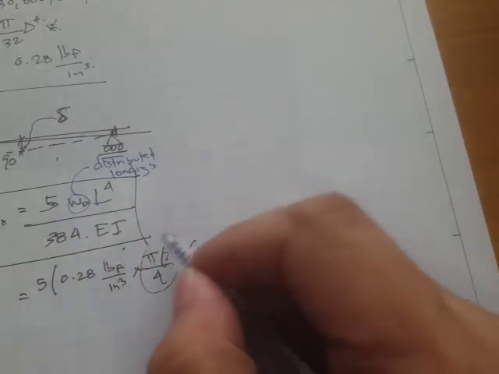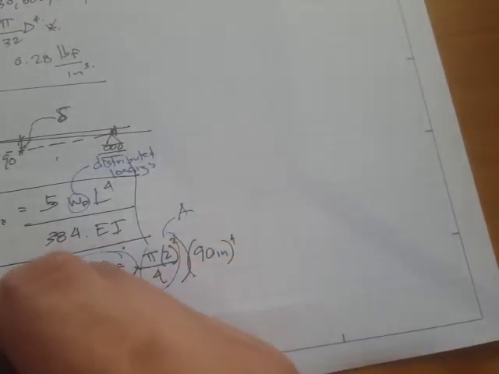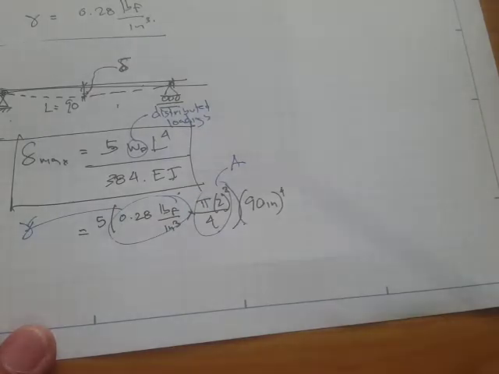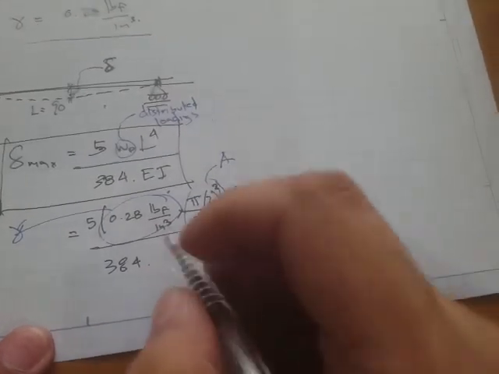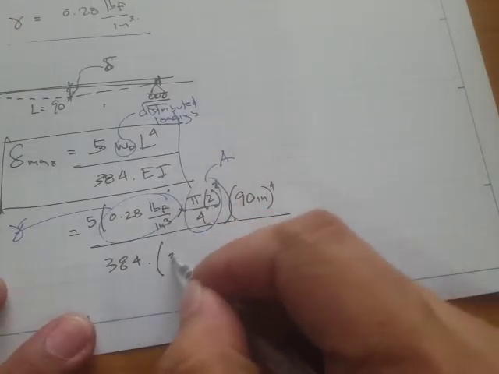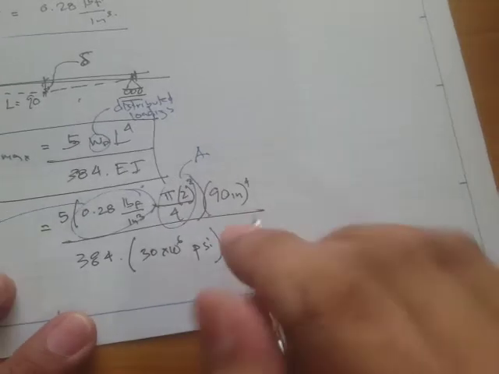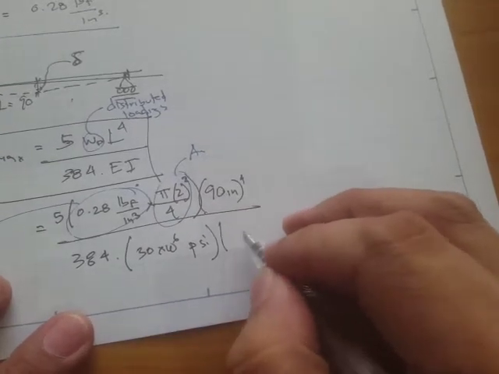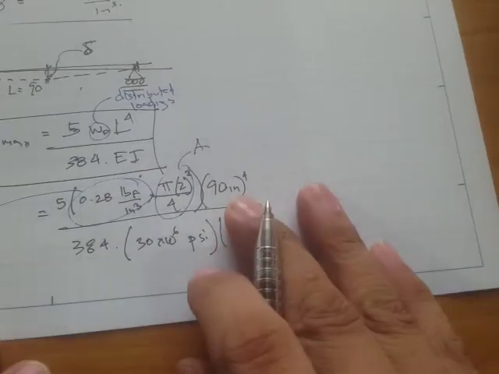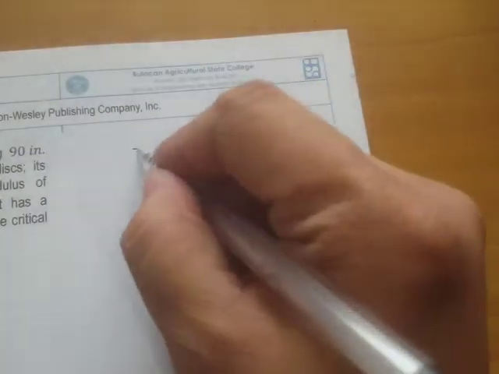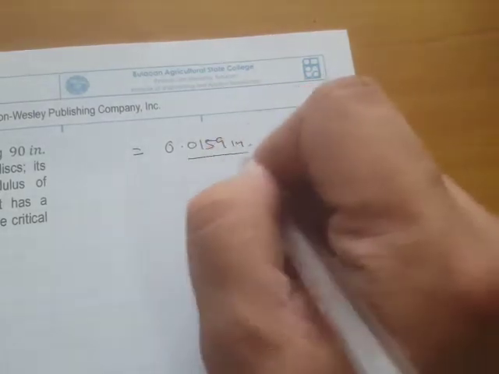So this is our area, and here's our weight density, divided by 384 times 330 times 10 to the 6 psi. What else? Our value of I, which is 1/2 times pi, and what we get here is 0.0159 inch.